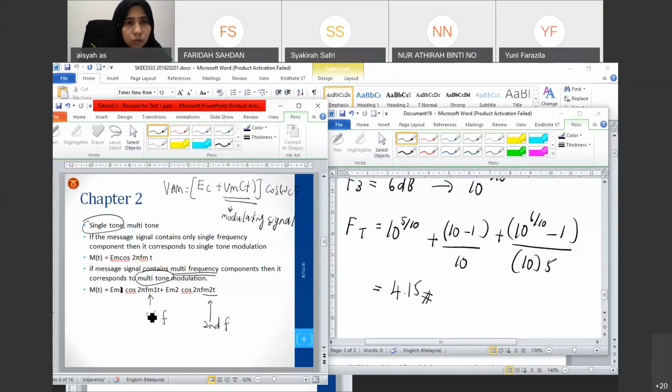You need to put all of these into this equation, because this is the basic formula, and from this you get the M. For the amplitude modulations, the modulation index is M. So the multi-tone or double tone refers to the number of frequencies.